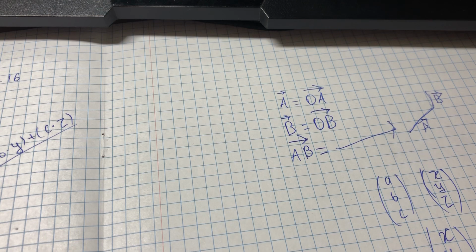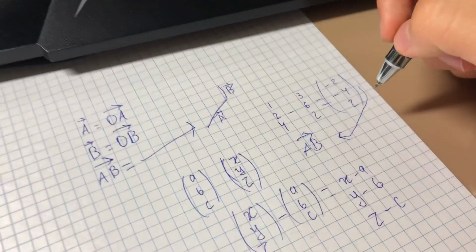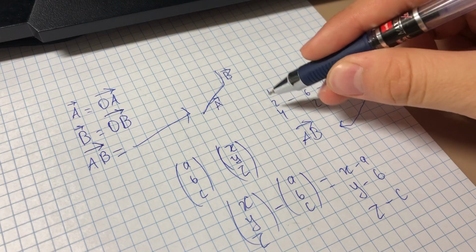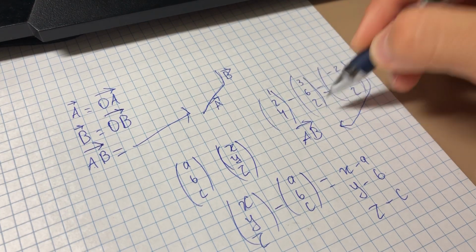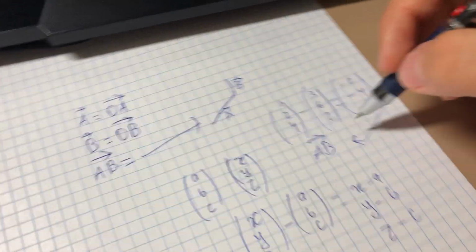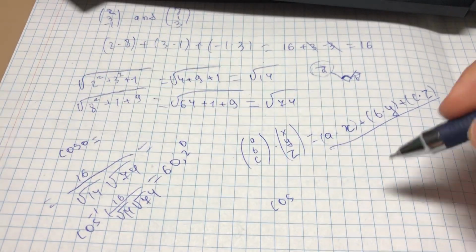So your vector AB is equal to this. Sorry if it's just the numbers that I've shown you. So here we go, the cosine.